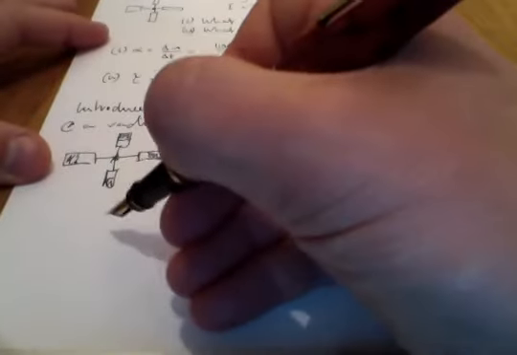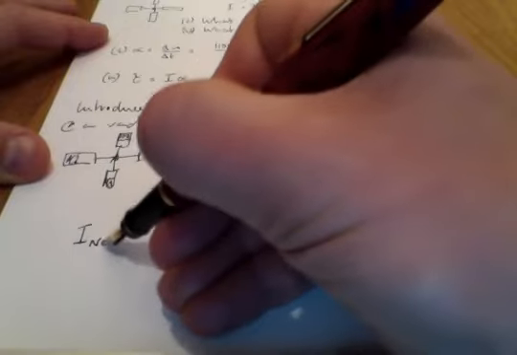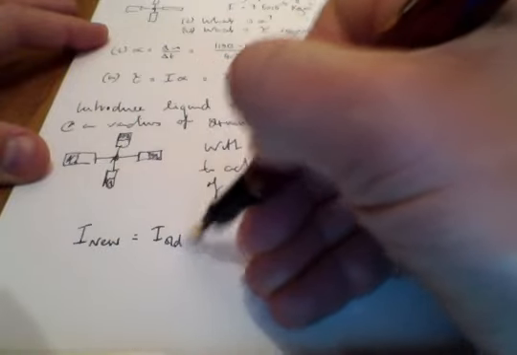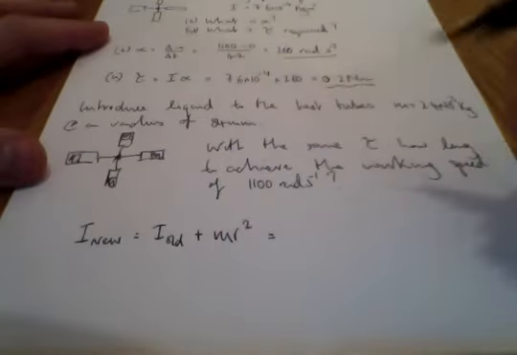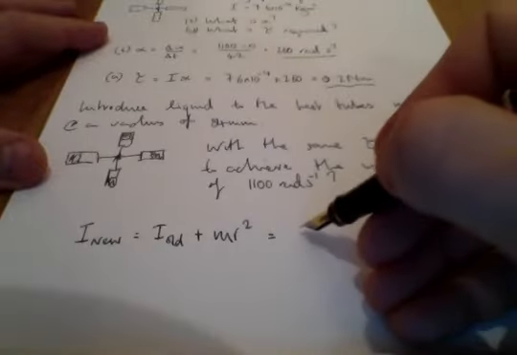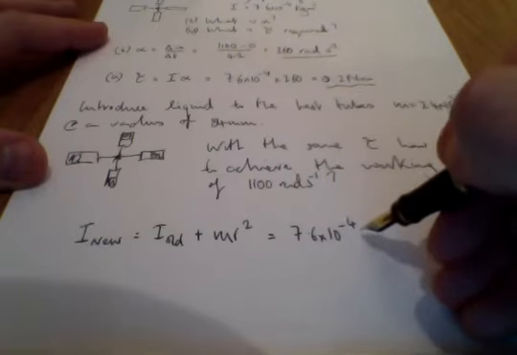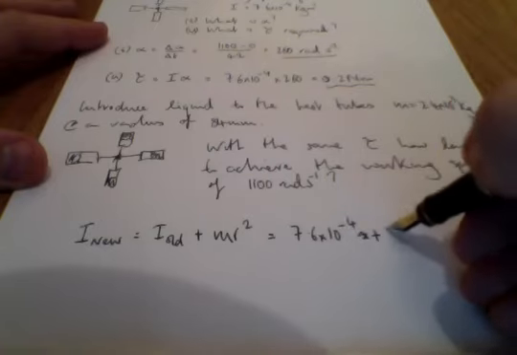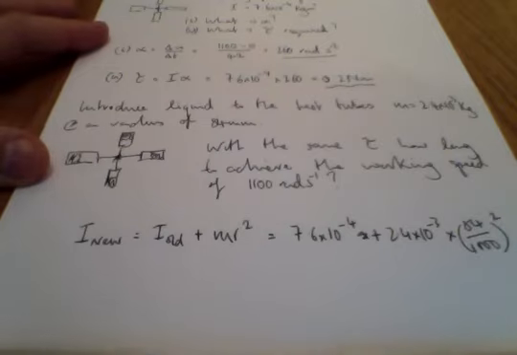Okay then, so what happens here is, very straightforwardly, we know that the new moment of inertia is the old moment of inertia plus mr squared, mass times radius squared. It's simple. It's not the shape of an object, so we can simply have mr squared here. That gives us 7.6 times 10 to the minus 4 plus 2.4 times 10 to the minus 3 by 84 millimeters, let's convert it to meters, squared.